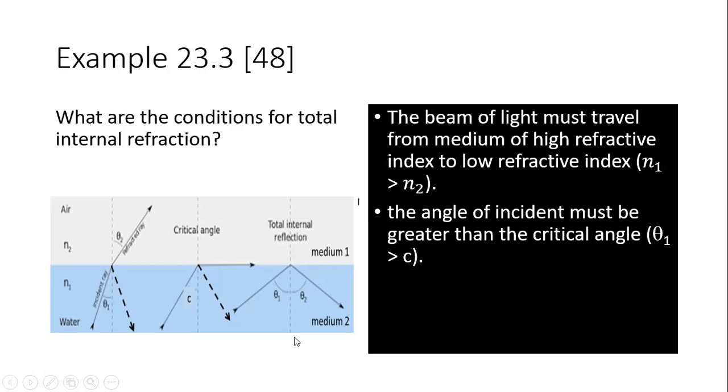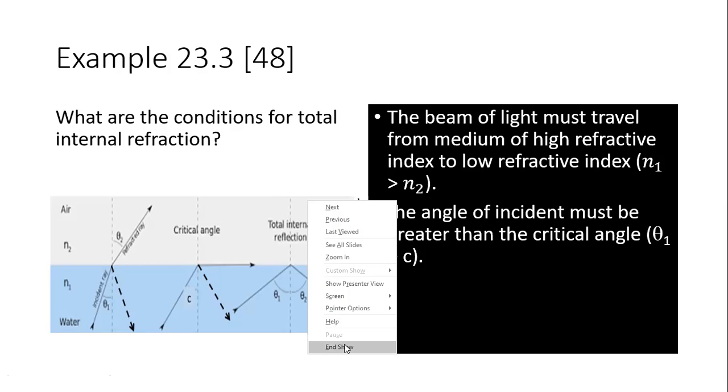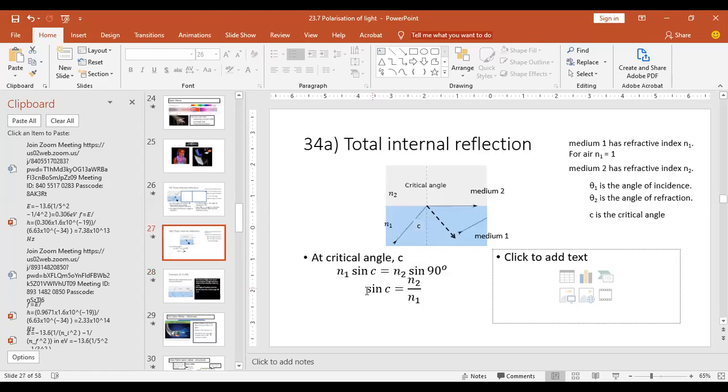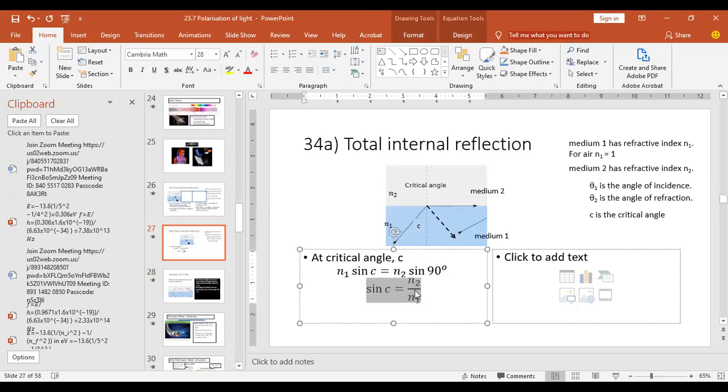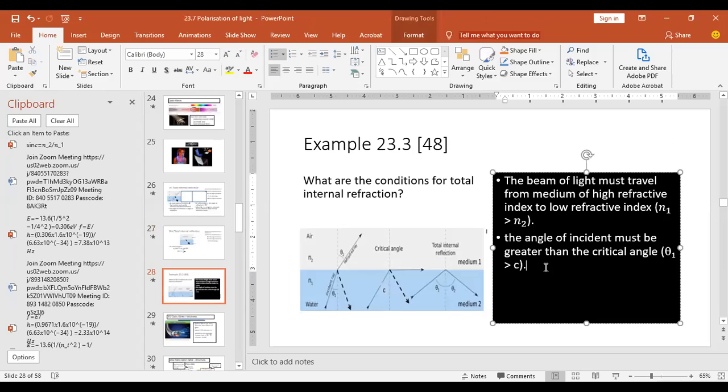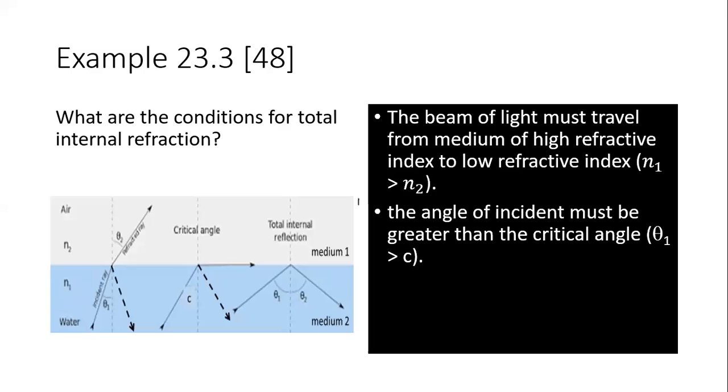If you want, you can also write down the condition that we have derived. In case you want to define what C is, C can be obtained from N2 over N1. Need more time?